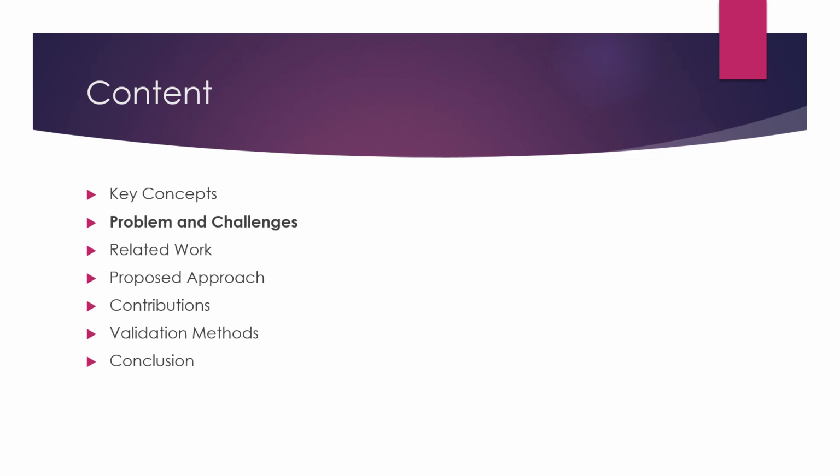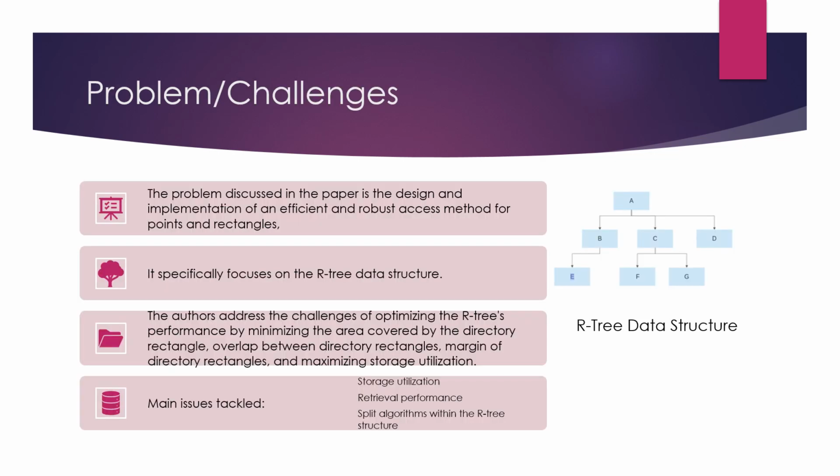And now I am going to explain the problems and challenges. The problem discussed in the paper is the design and implementation of an efficient and robust access method for points and rectangles. It specifically focuses on the R-tree data structure.